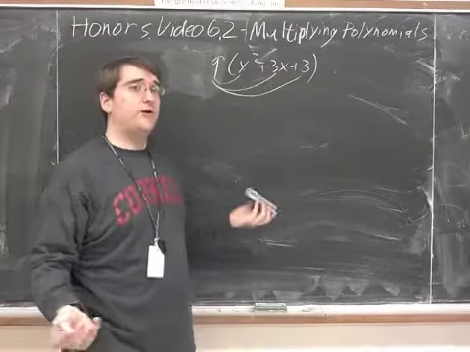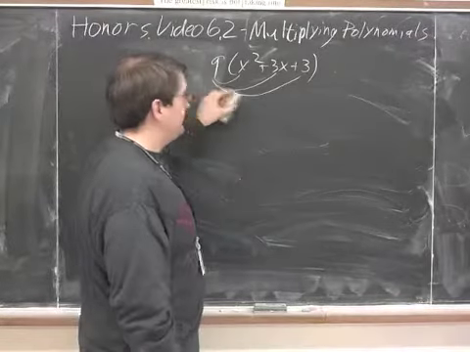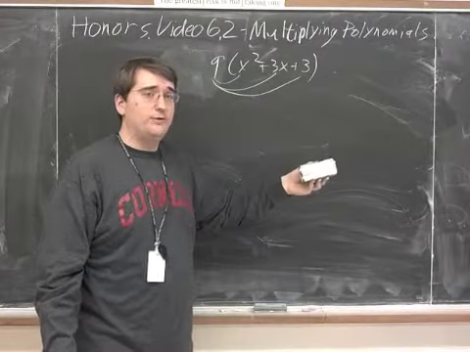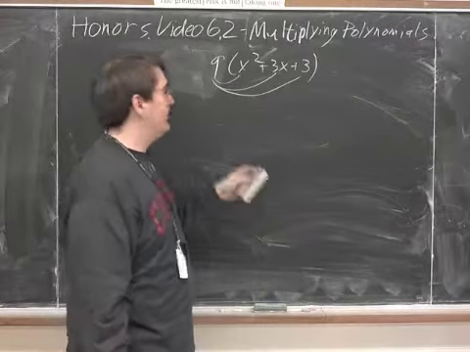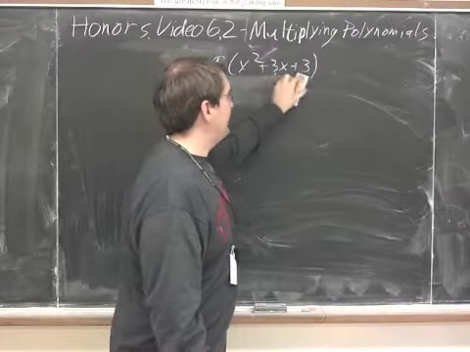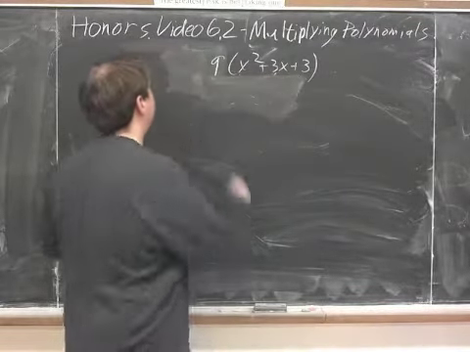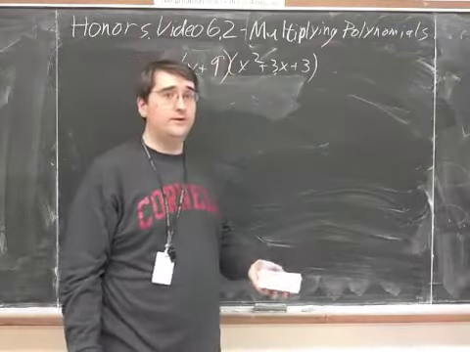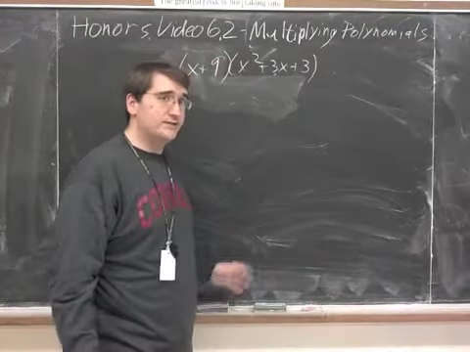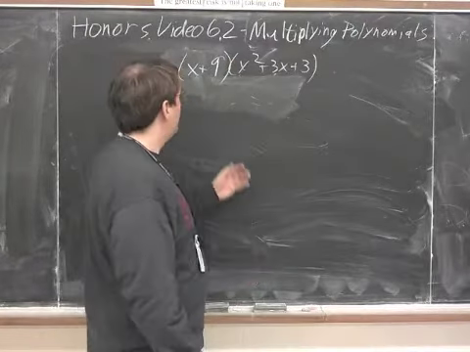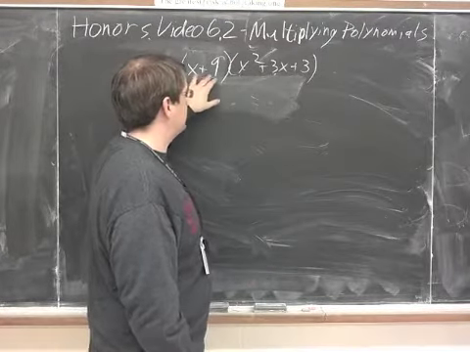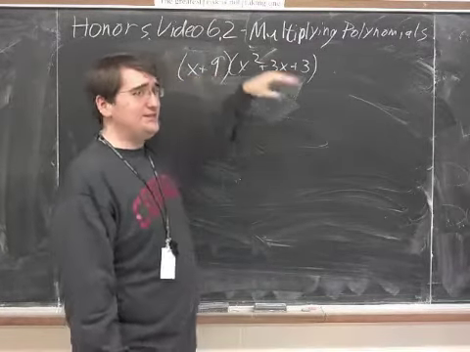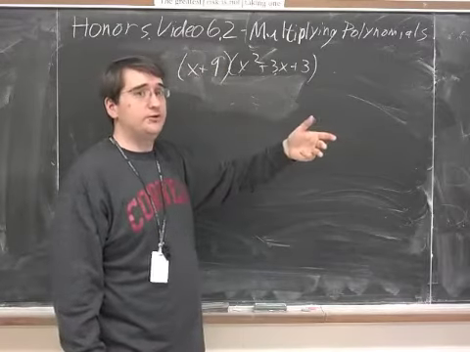That's all it is. When you're multiplying two polynomials together, it's actually the exact same idea. You have x plus 9, and it works in exactly the same way. We're just going to break that apart and take each individual piece and distribute it.